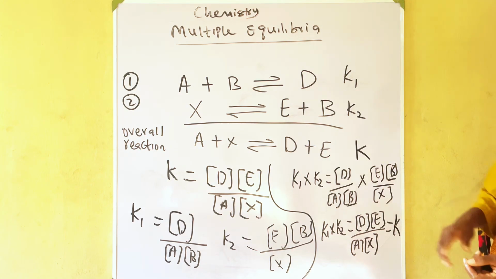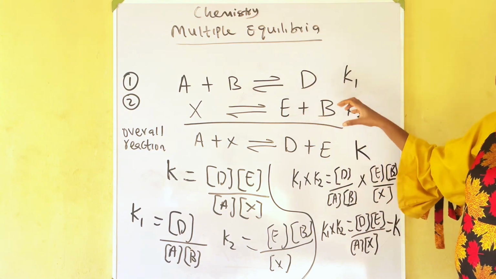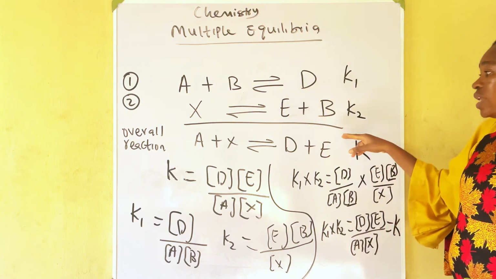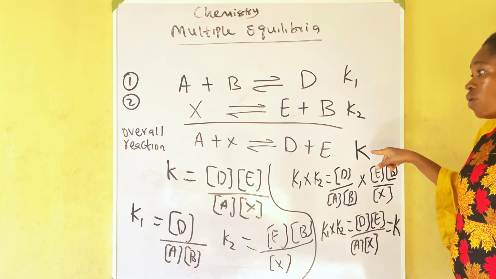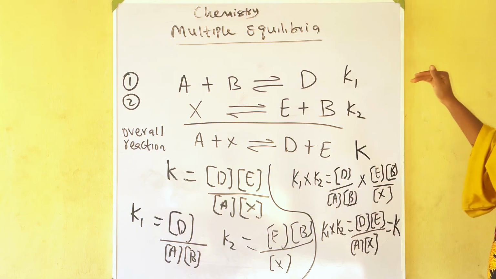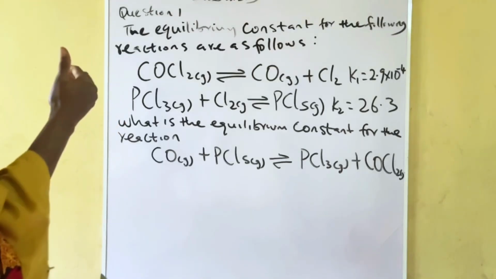So anytime you come across multiple equilibria, you are given equations that lead to an overall reaction. The overall equilibrium constant is the product of the individual equilibrium constants. The equilibrium constants for the following reactions are as follows.